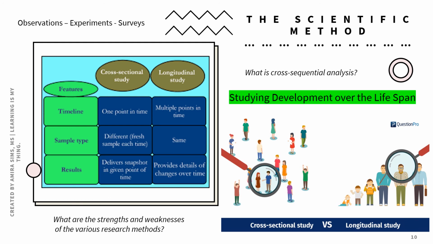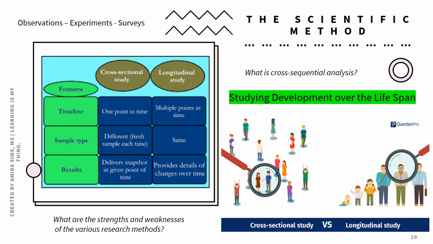As I mentioned, it could be in a natural setting, so the people that you're watching are in their normal habitat, or it could be in the lab, or it could be examining archival data. Now, the key with scientific observation is systematic and objective. It's systematic, and you're doing it in a way that you're trying to minimize the subjective nature of watching people. So you're trying to get rid of observer bias.